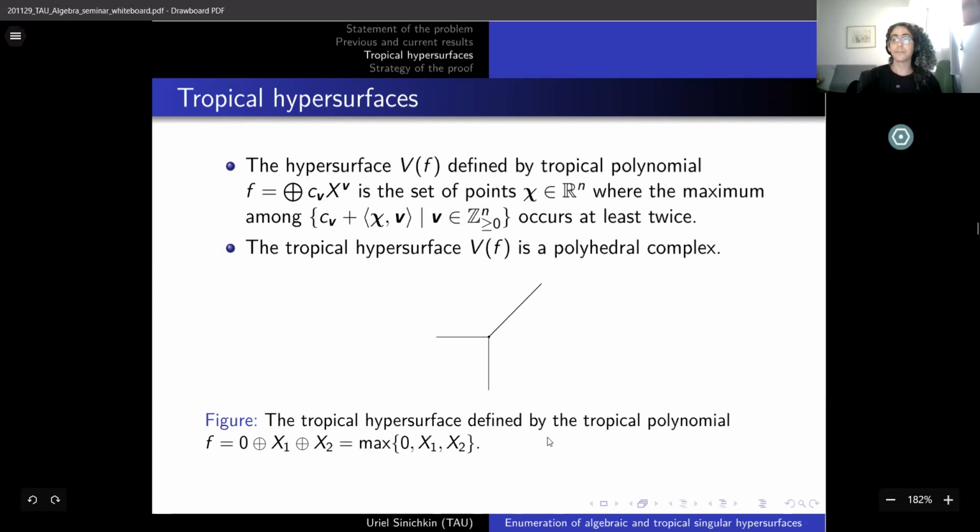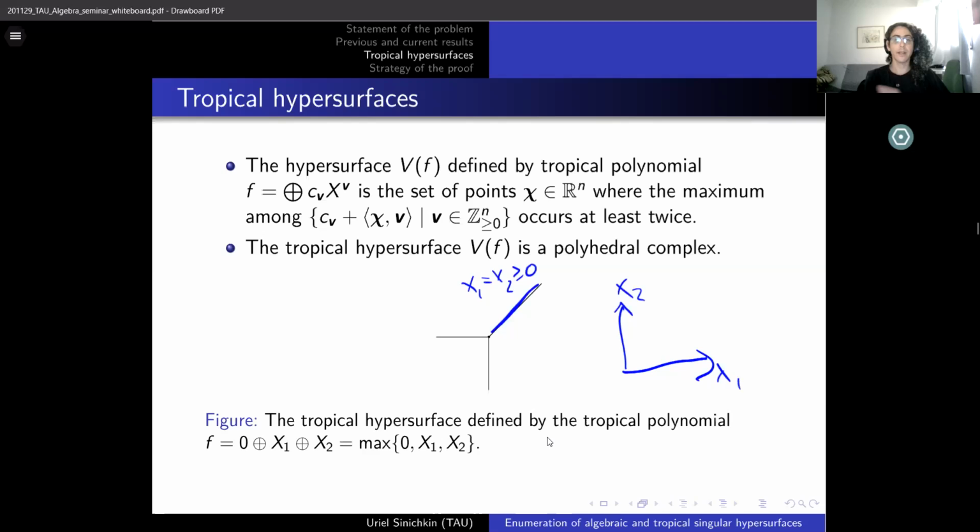So if the coordinates are x1 here and x2 here, then, for example, at this ray here, x1 equals x2 and is greater or equal to 0. So both of them attain the maximum. And similarly for all other rays, and those rays continue to infinity. Okay. And the tropical hypersurface is always a polyhedral complex, and actually has some more properties. It's a balanced polyhedral complex, but I will not go into those details.